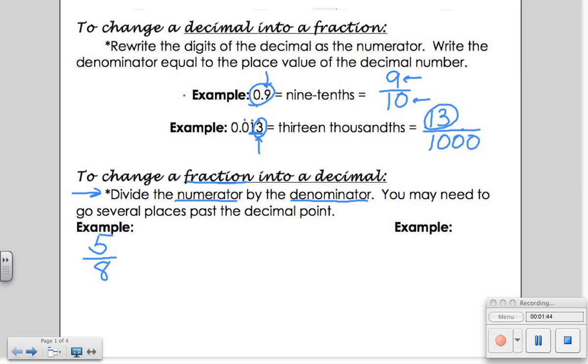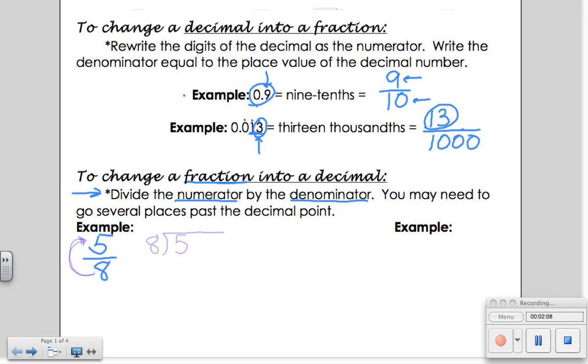You may need to go several places past the decimal point in order to obtain a full decimal. So what you are doing is 8 into 5. I'm going to show that up here. 8 into 5. Okay? Bottom into top.